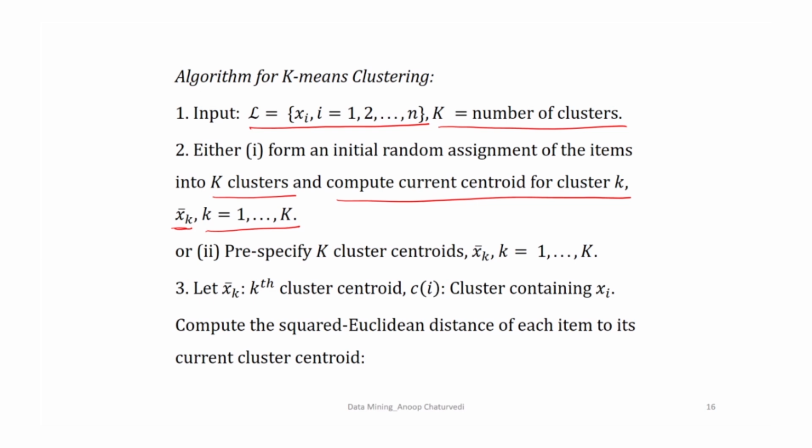Or another option is to pre-specify k cluster centroids x bar k. You randomly pre-specify k cluster centroids for k equal to 1 to capital K. Now, at the next step, suppose x bar k is the kth cluster centroid and Ci denotes the cluster containing the ith observation vector xi.